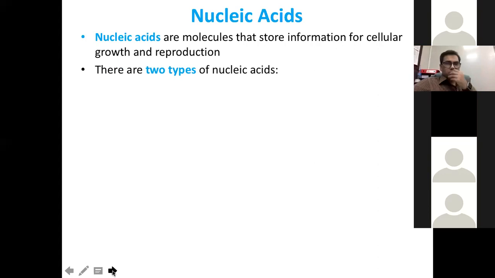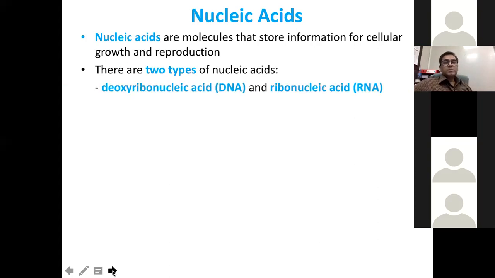Now, there are two very famous types of nucleic acids that we have in our body. Number one, the deoxyribonucleic acid, which is known as DNA, and the ribonucleic acid. The latter half of the name is the same, but one is ribo and one is deoxyribo. What is the difference between them?